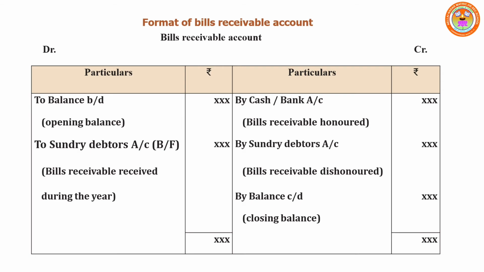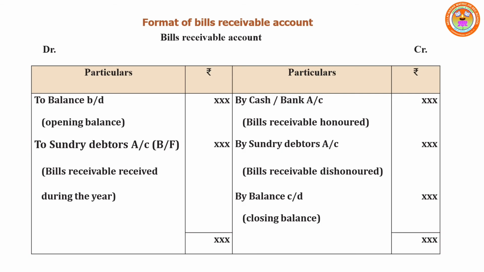Third one, credit side, by balance CD, closing value of bills receivable account. BD in the sense brought down, that means beginning value of name of the heading bills receivable. Opposite side balance CD in the sense closing value of name of the heading. So these 3 items are entered under bills receivable account credit side.